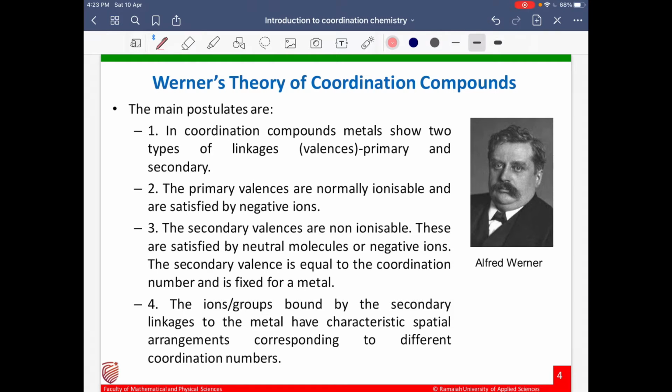The secondary valencies are normally non-ionizable. These are satisfied by neutral molecules or negative ions. The secondary valency is equal to the coordination number and is fixed for a metal. The ions or groups bound by the secondary linkages to the metal have characteristic spatial arrangements corresponding to different coordination numbers. We will discuss these points in the coming session.